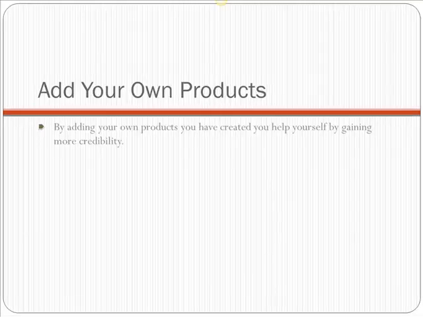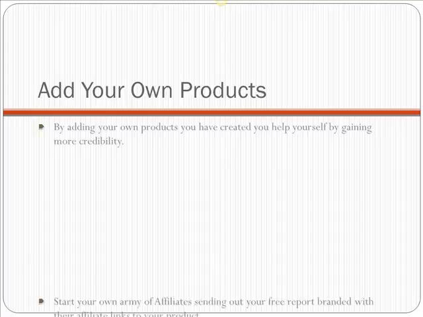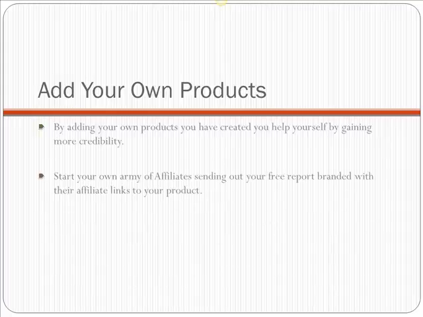Add your own products. By adding your own products you help yourself by gaining more credibility. So if you can put products in this viral report instead of using somebody else's, it goes toward helping your own credibility. But there's an advantage sometimes to adding affiliate products rather than just your own, unless you're going to basically create your own army of affiliates, where you have them sending out your free report branded with their affiliate links to your product.